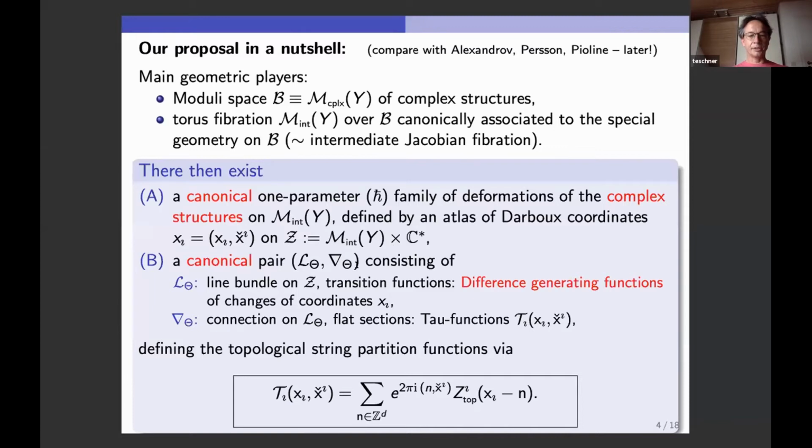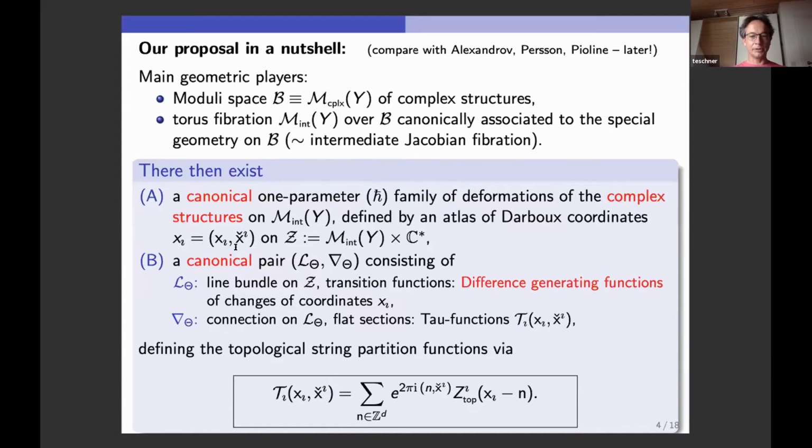And secondly, and here come the main players, namely a line bundle with a connection. The main point is how we describe how this object, the tau function, changes from chart to chart. The claim is going to be, and I will detail this, that the transition functions are canonically defined by the changes of coordinates from one patch to the other.